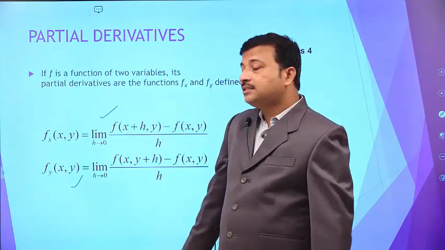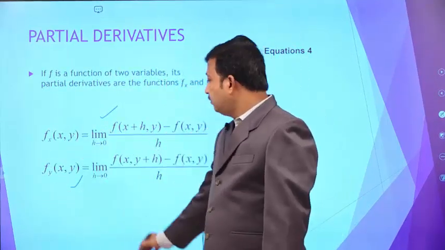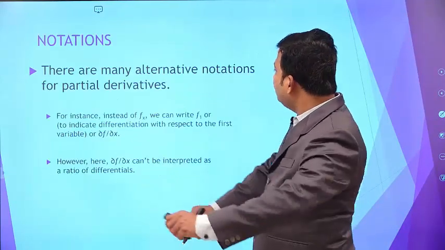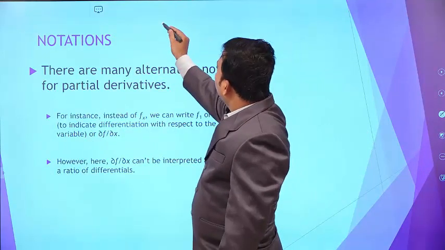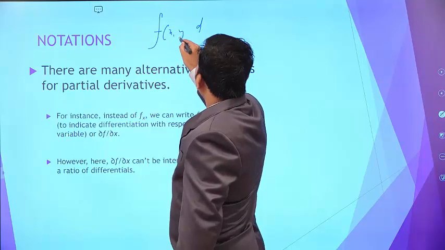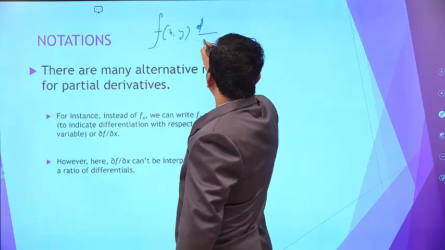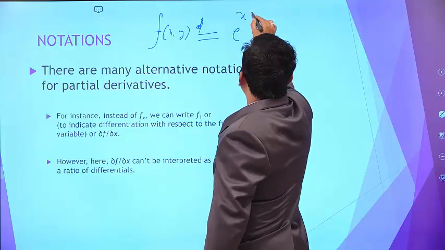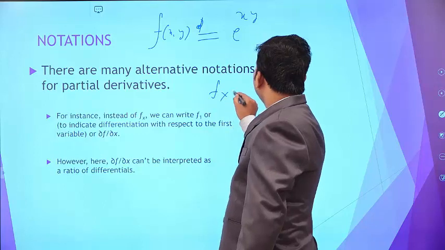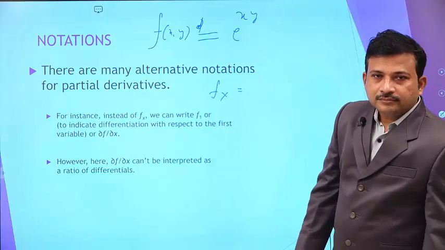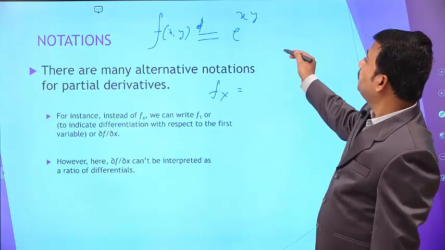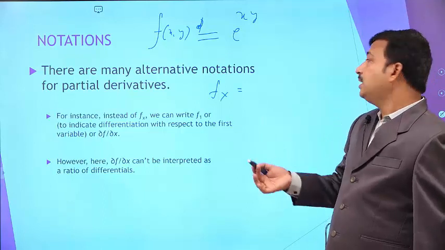Is it clear? The same thing I have defined clearly, both with respect to x and with respect to y, in limiting form. For example, let us take another one: f of xy equals e to the power xy. What will be fx? fx means we need to differentiate with respect to x, assuming y as a constant.